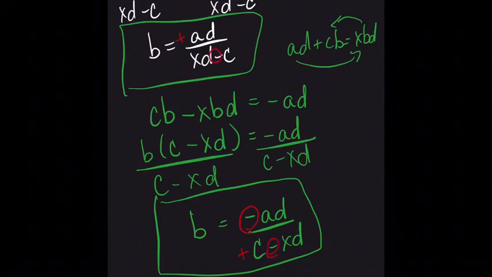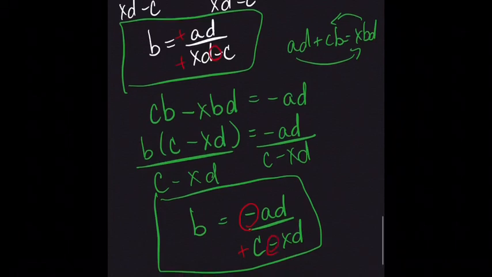And my XD is negative, but here my XD is positive. So since all of the signs are just simply swapped, then it's the same answer, because we could just multiply this by -1 and we would get B equals -1 times AD is AD over negative C plus XD, which is the same thing as what we have there.